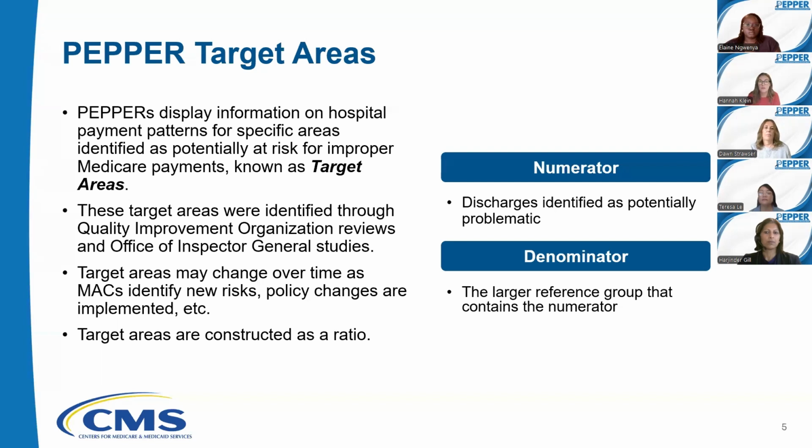These target areas were identified through reviews by the Quality Improvement Organization and studies by the Office of the Inspector General, and these may change over time as we learn more about new areas at risk for improper payments and make refinements to reflect changes in billing or coding requirements. Generally, the target area numerator captures the discharges that are identified as potentially problematic, while the denominator captures the larger reference group.